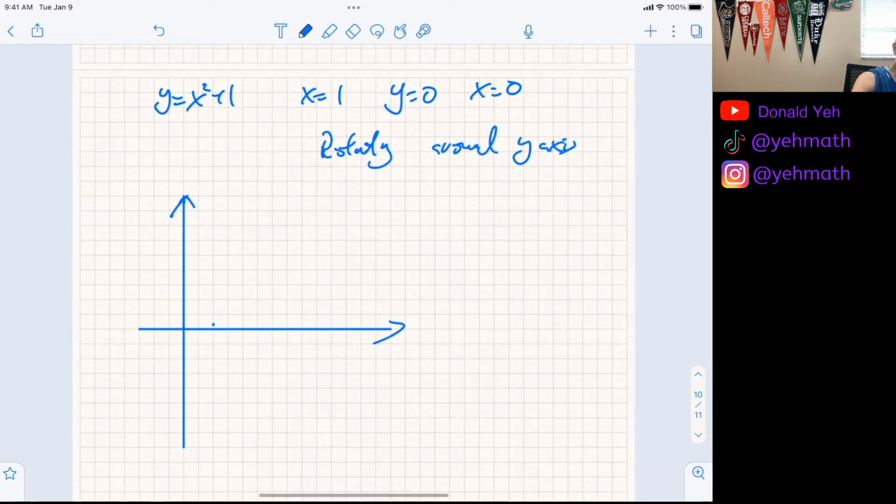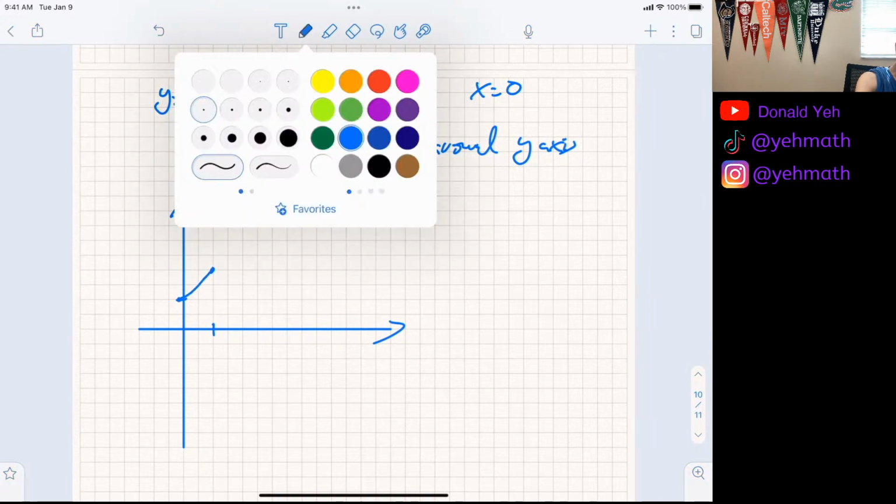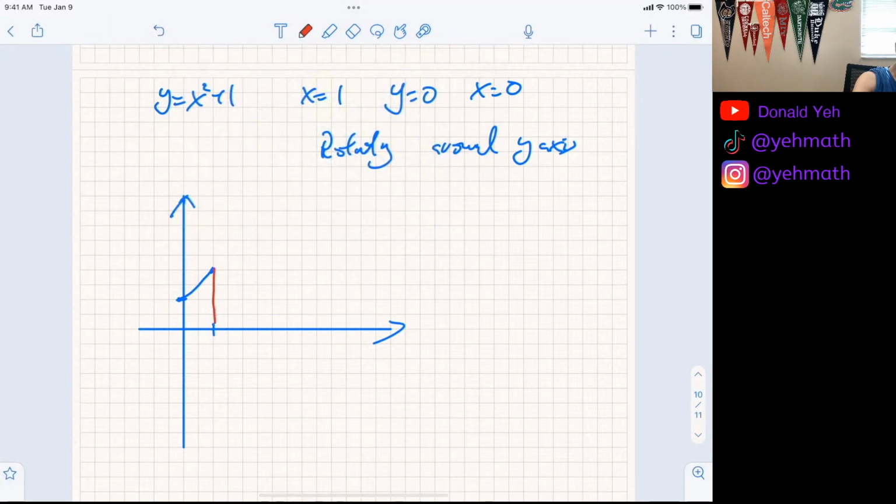X squared plus 1 is going to be right here, and the graph is going to look something like this. This is the y-axis, so it's rotating around this. Now this one has to be done with disk plus washer. Think about why.